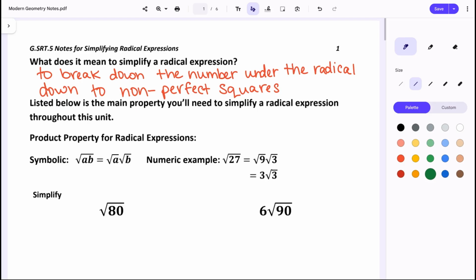So non-perfect squares would be those numbers I was just listing off that don't square root nicely.